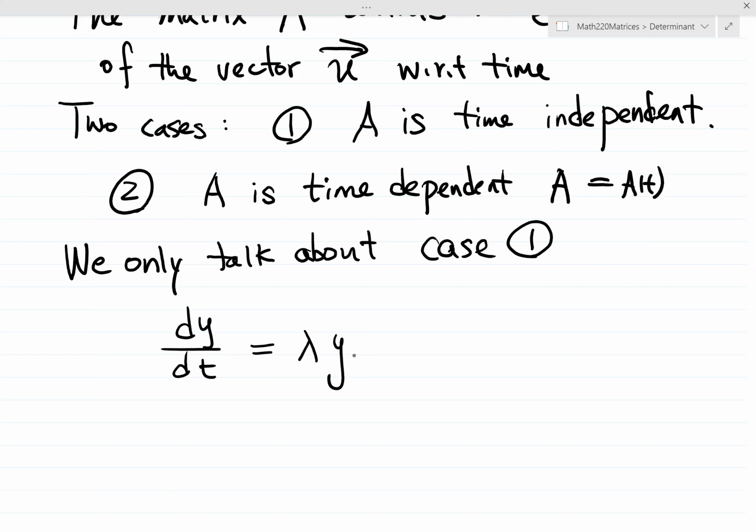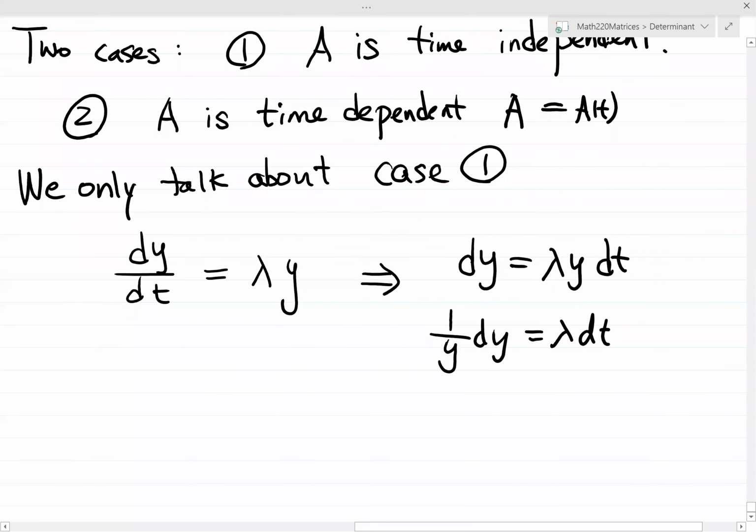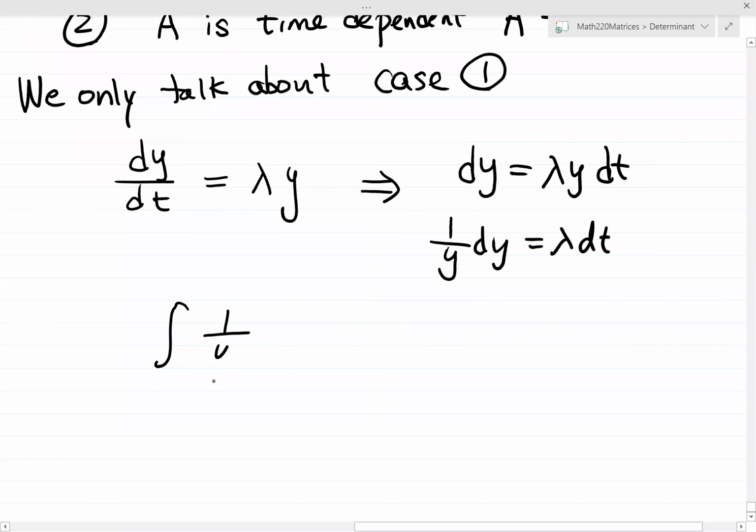Remember, in the Leibniz notation dy/dt, we can manipulate the differentials. So we get dy equals lambda y dt. If you divide by y, we get 1 over y dy equals lambda dt. Then if you integrate, you get the integral of 1 over y dy equals the integral of lambda dt. Lambda is constant, so this is lambda t plus a constant c.